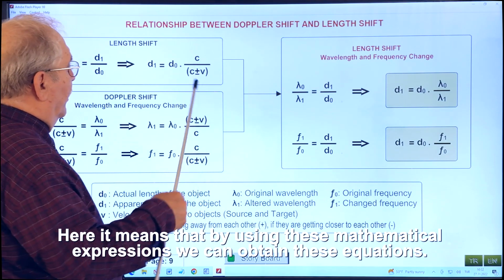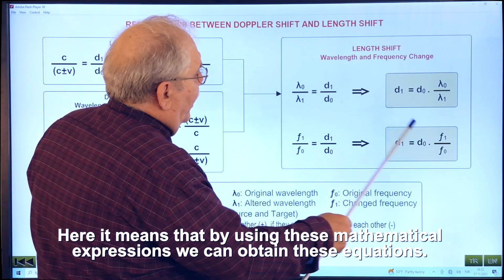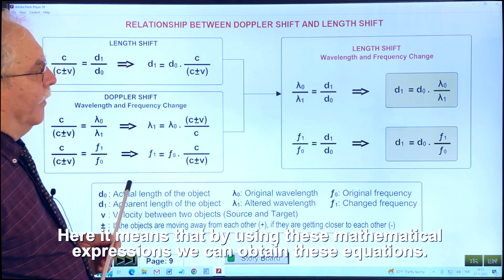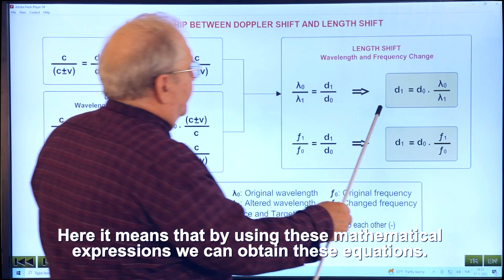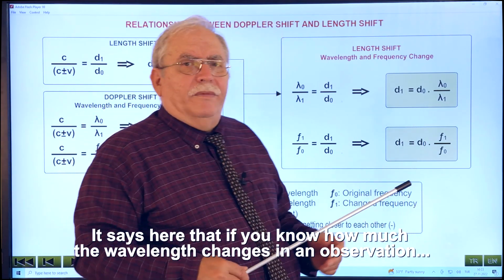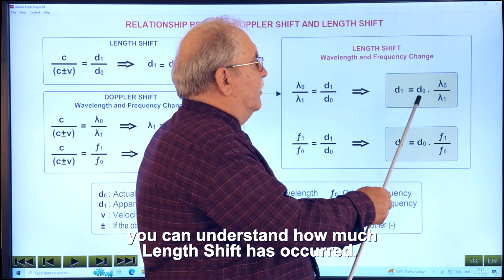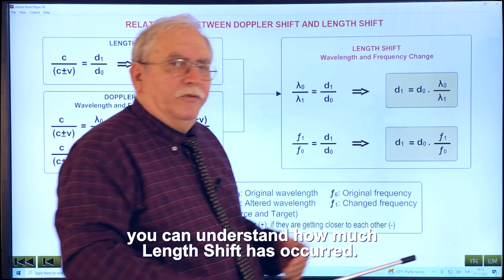Here it means that by using these mathematical expressions, we can obtain these equations. It says here that if you know how much the wavelength changes in an observation, you can understand how much length shift has occurred.